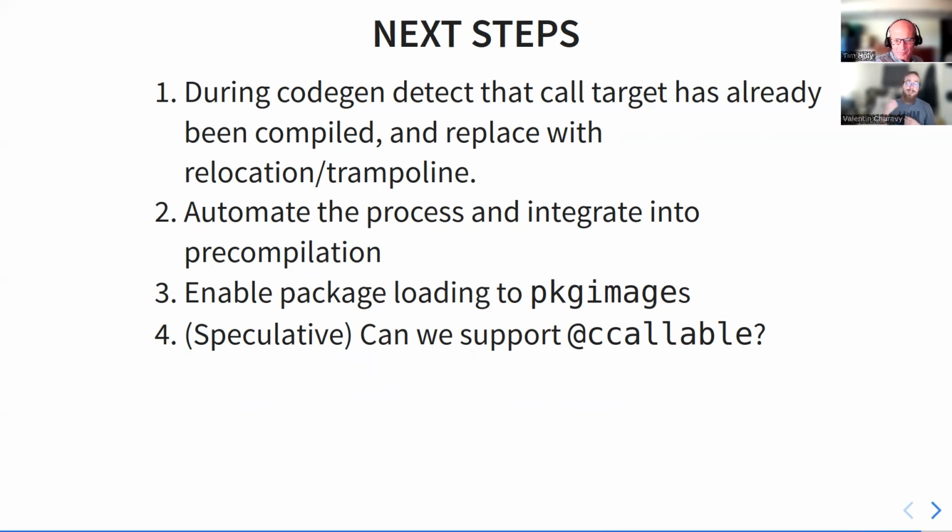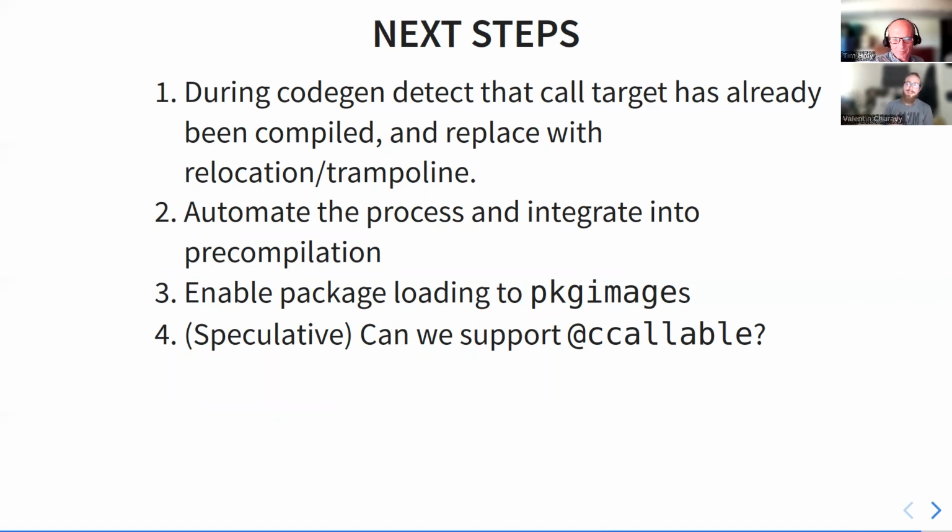Then we also will have to automate the process. Right now, if you look at the PR, it's very manual, and you have to do some work. But we can automate this process, integrate it into the precompilation pipeline, and have everybody benefit from this approach. And then, of course, once we have these files on hard disk, we will also have to automatically load them.